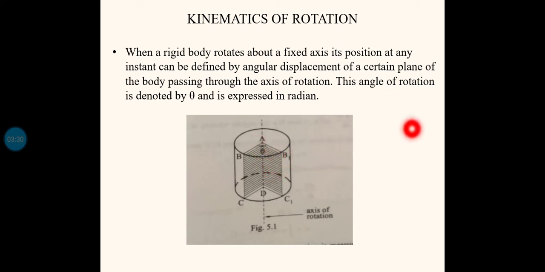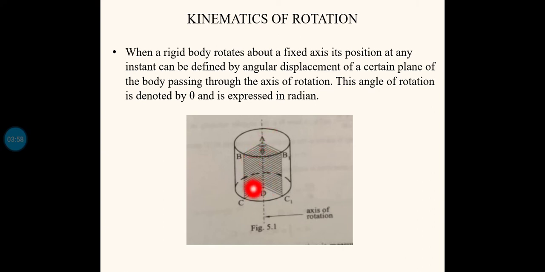When a rigid body rotates about a fixed axis, its position at any instant can be defined by angular displacement of a certain plane of the body passing through the axis of rotation. Once this particle rotates from position B to B dash, you can assume a plane about the axis of rotation and the particle.